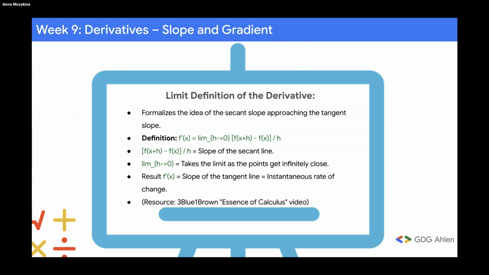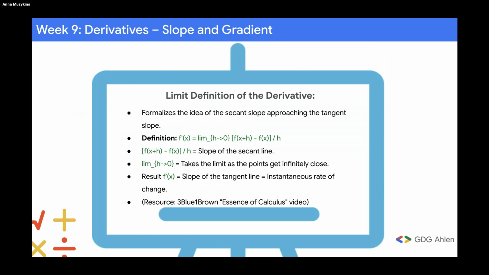The limit as h approaches 0 part tells us to take the limit of the slope as the distance h between the 2 points shrinks down towards 0. The result of this limit, if it exists, is the derivative f prime of x, which represents the slope of the tangent line at x, giving us the instantaneous rate of change.